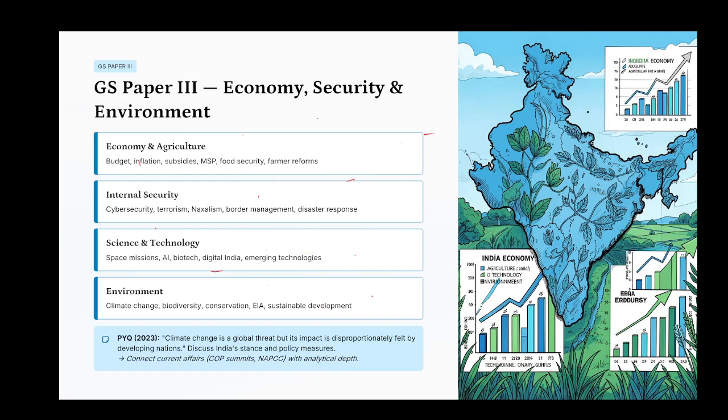So one previous year question, which was asked in 2023: climate change is a global threat, but its impact is disproportionately felt by developing nations. Discuss their stance and policy measures.